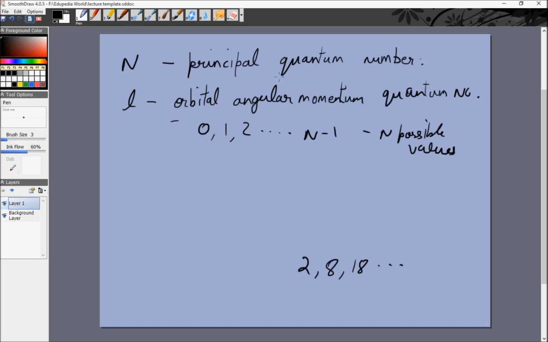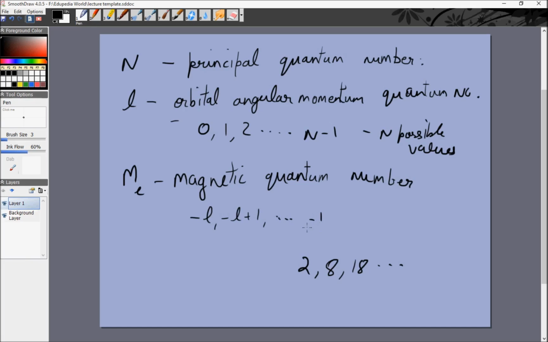Right? And within each L there is another quantum number, ML, which is called the magnetic quantum number. And for each L, the value of M ranges from minus L, minus L plus 1, and so on, through minus 1, 0, 1, 2, up to L. Right.